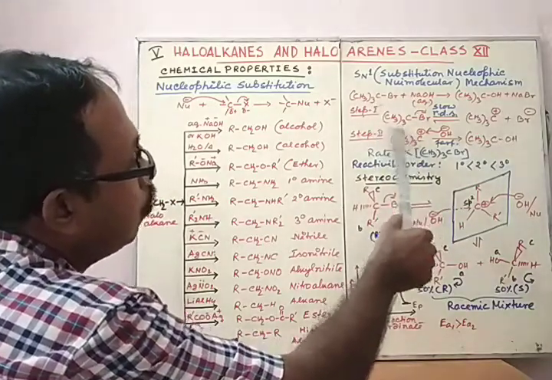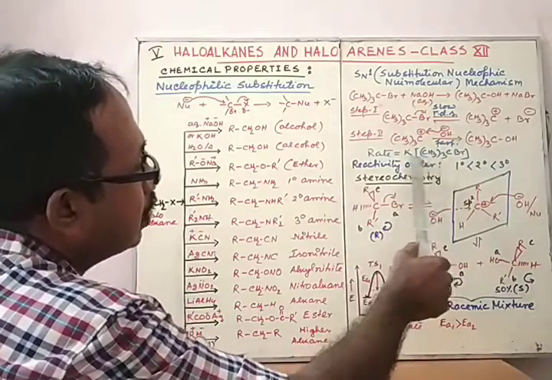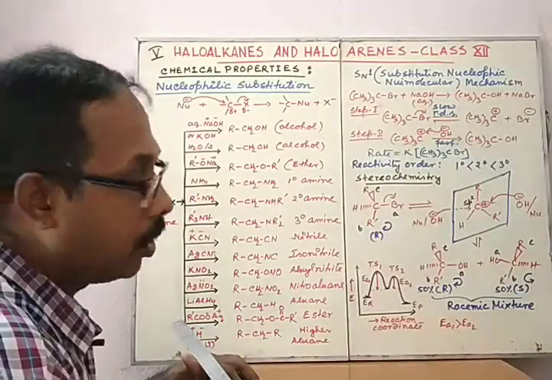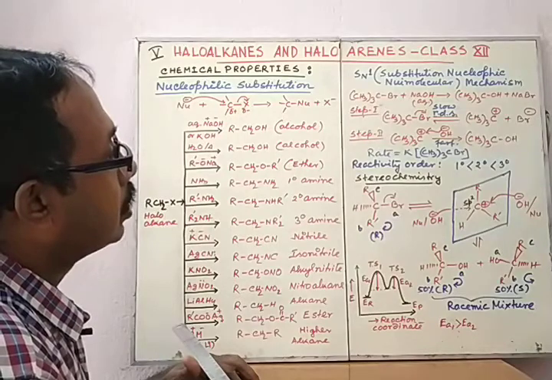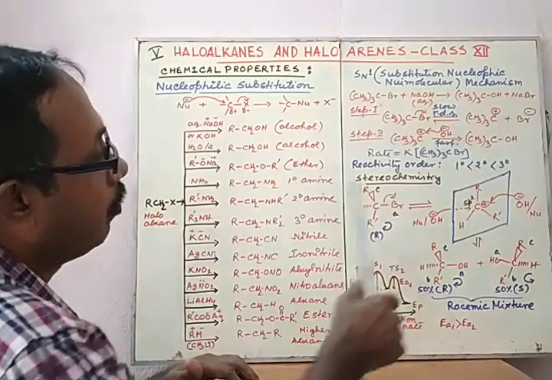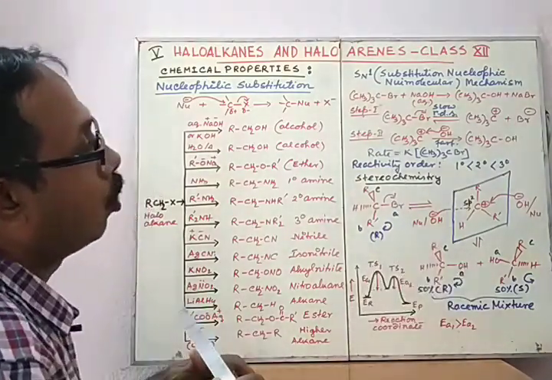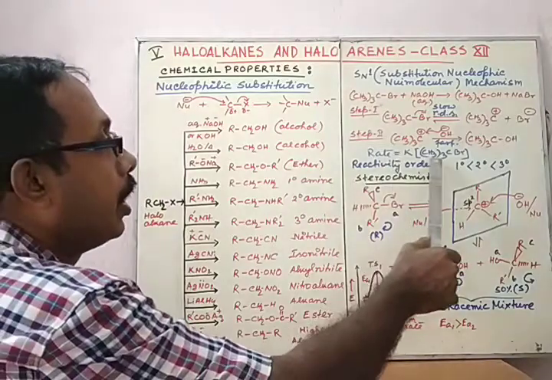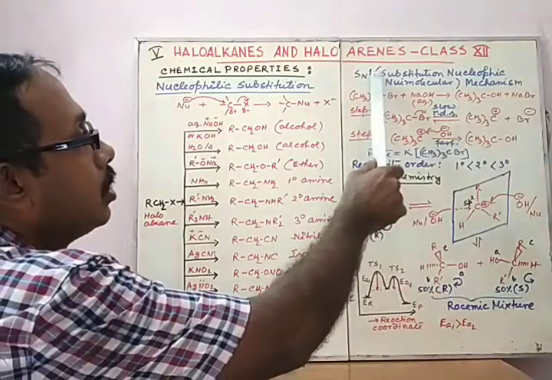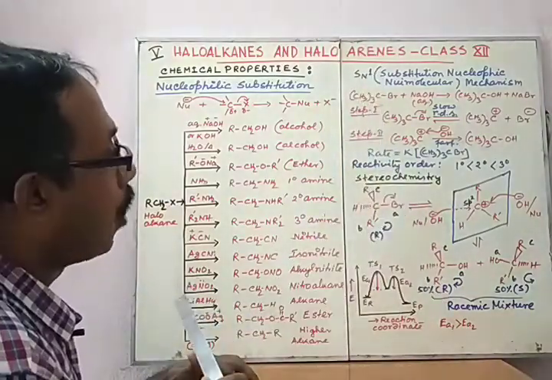Since only one kind of reactant is present, its concentration is involved in the rate determining step. Therefore, in the rate equation, the molecularity of the reaction is 1 and hence it is stated as SN1.